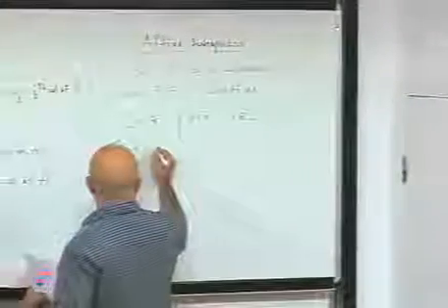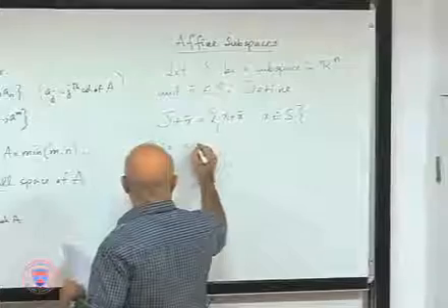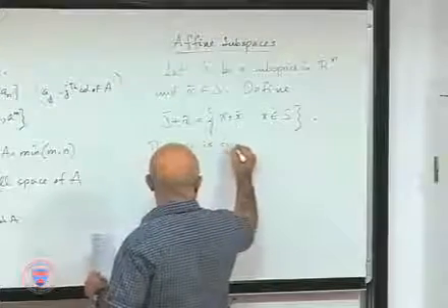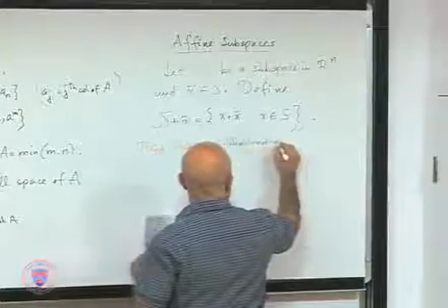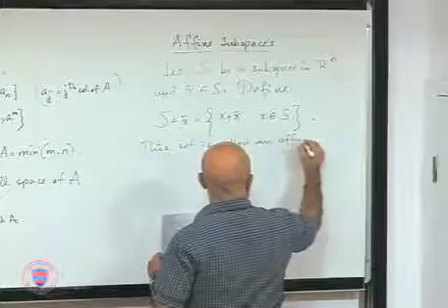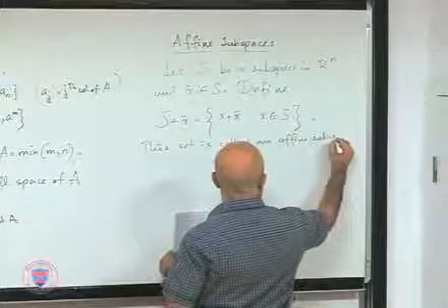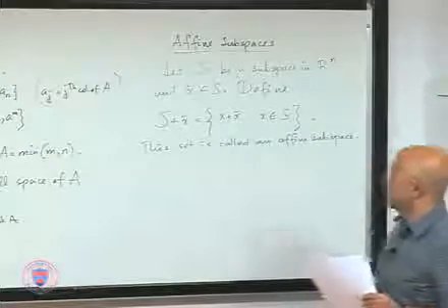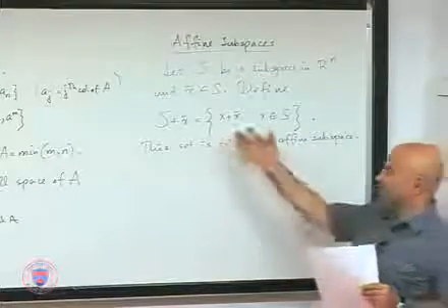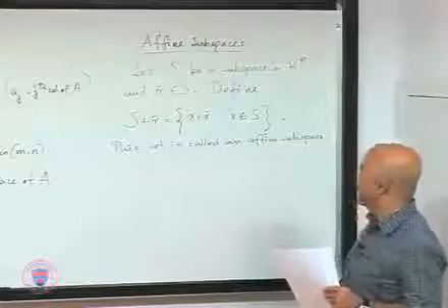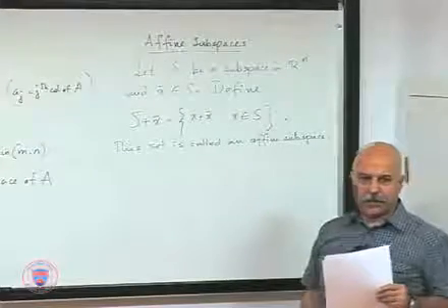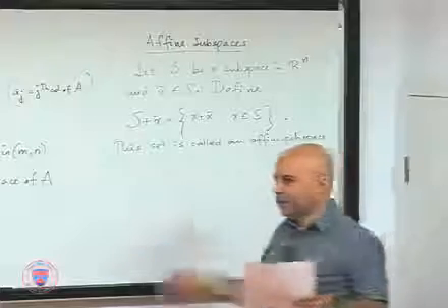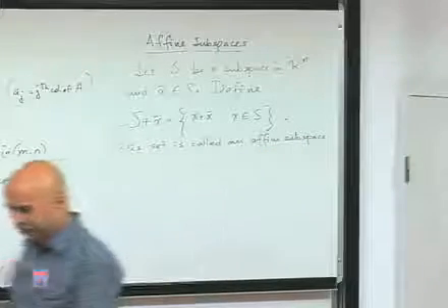Such a set is called an affine subspace. If x bar is the origin, of course, this is the same as your S, but if x bar is a non-zero point, then you have a new set.